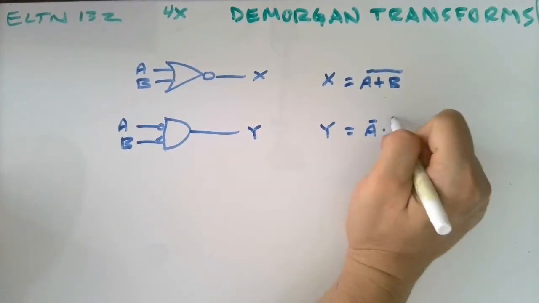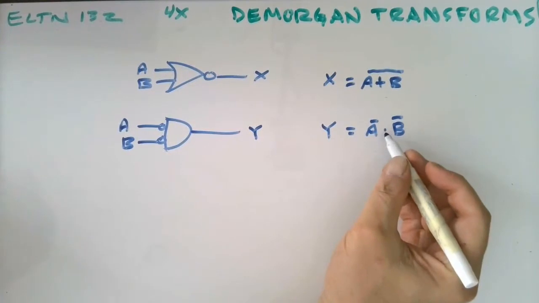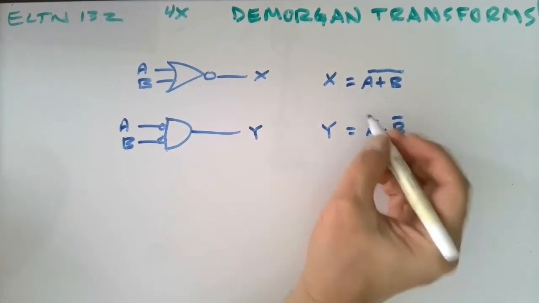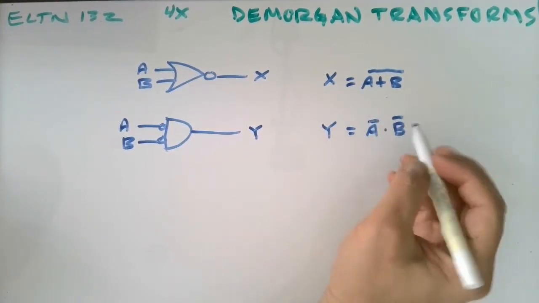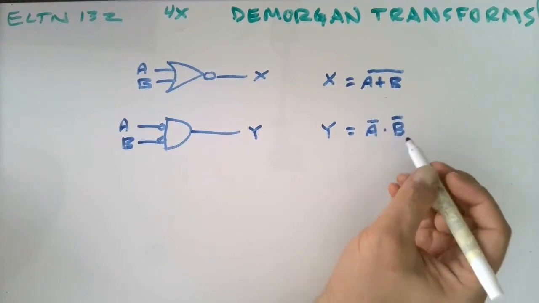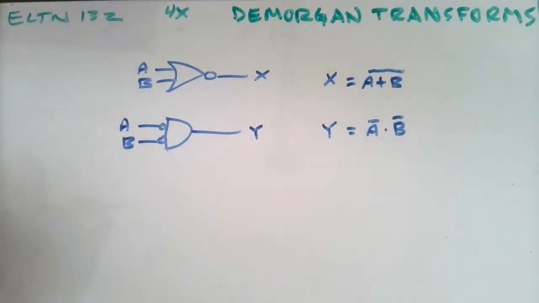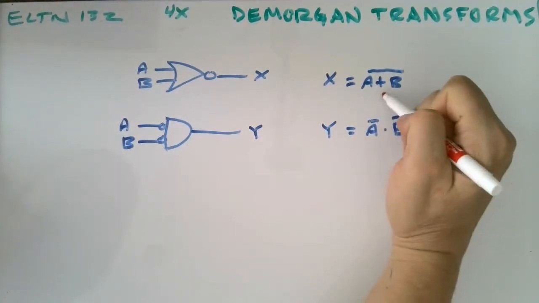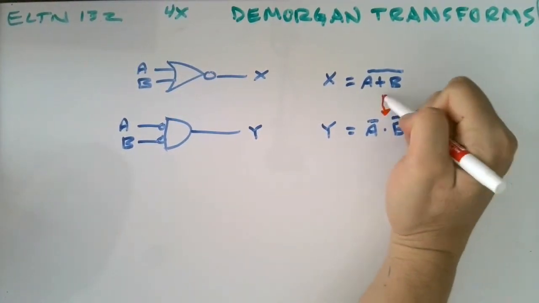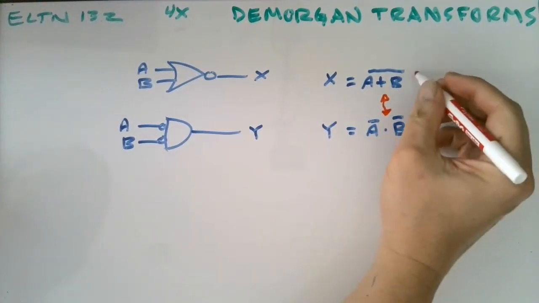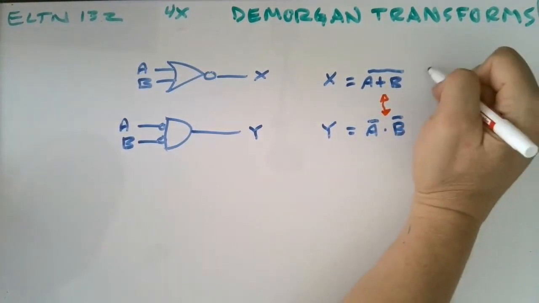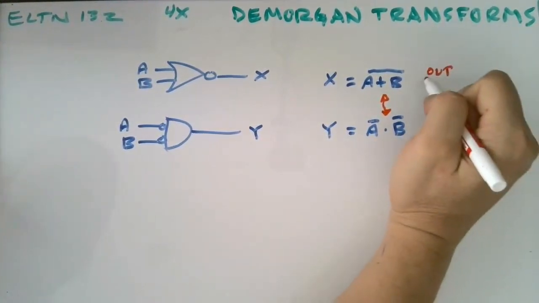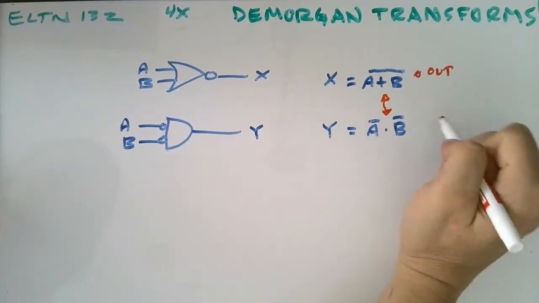And again, a lot of the time we will not write in that dot to show that it's a product or an AND term. But you'll notice what we've done here is this. We've changed the gate type, so we're going from OR to AND between the gate types. And we're changing the inversion from the output here to the input.